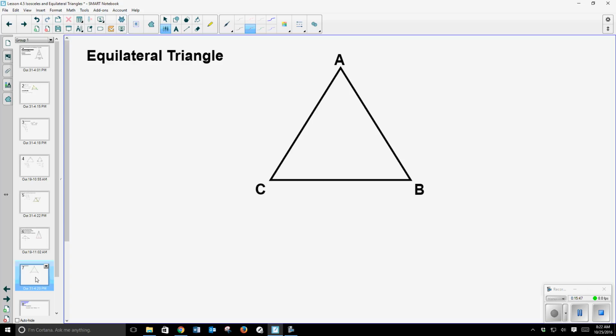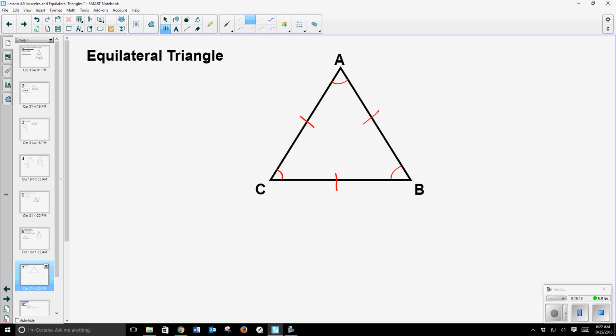So in an equilateral triangle, all three sides are congruent. All three angles are congruent. Can the side measures change? Can you have different size equilateral triangles? Yes. So we don't know, but if we do know the measure of one, we know the measure of all three. What about the angles of an equilateral triangle? Can they change? They're always going to be 60.